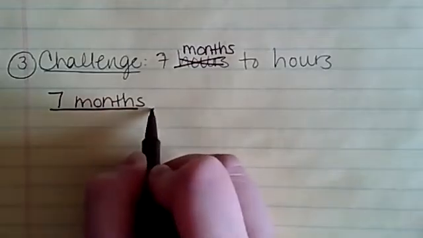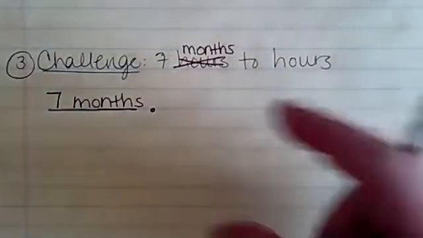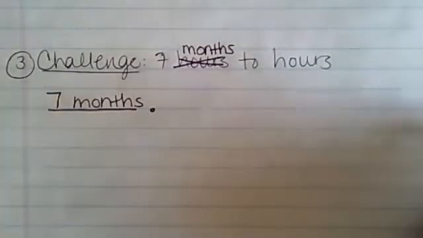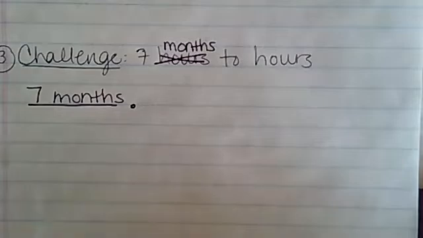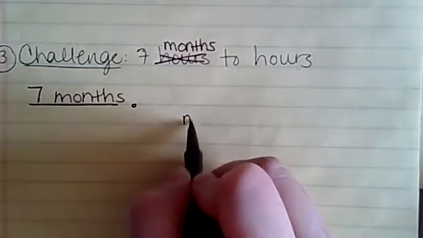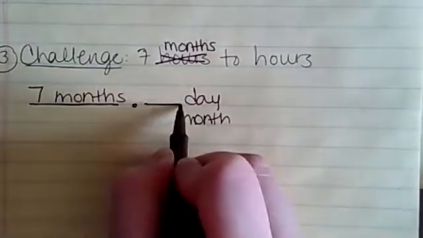Okay? Now, I want to convert that to hours, so I have to try to get to the smallest unit possible using ratios that are equal to 1. So I'm thinking, okay, months, how many days are in a month? So I'm going to say month down here and day up here, okay?